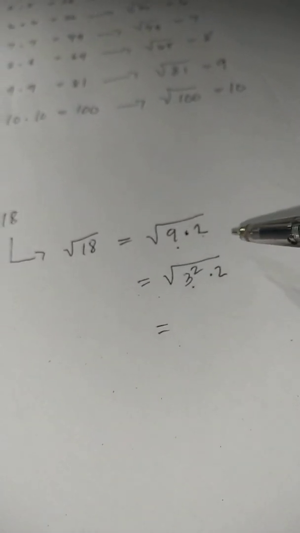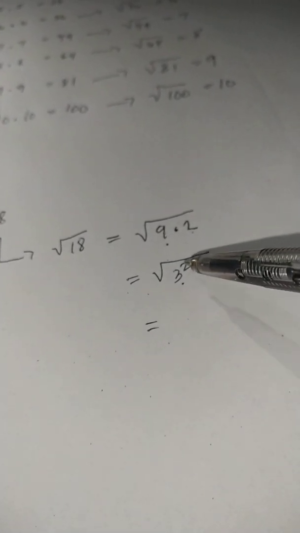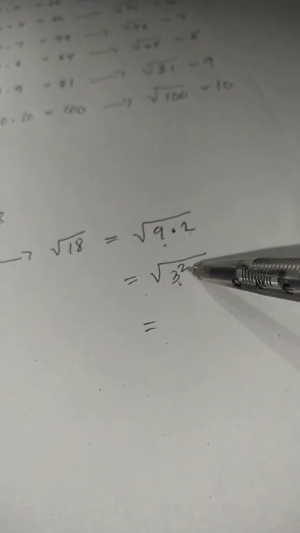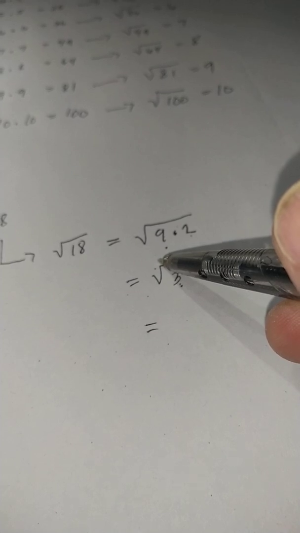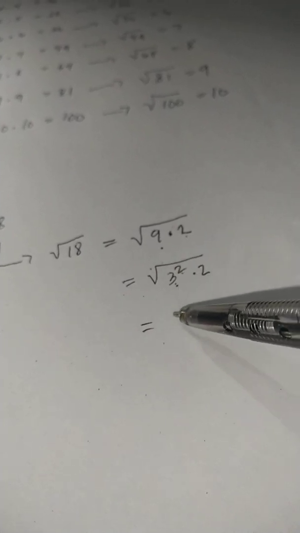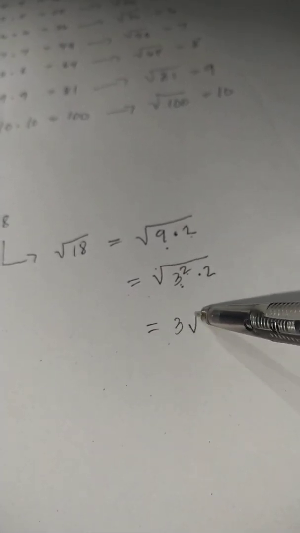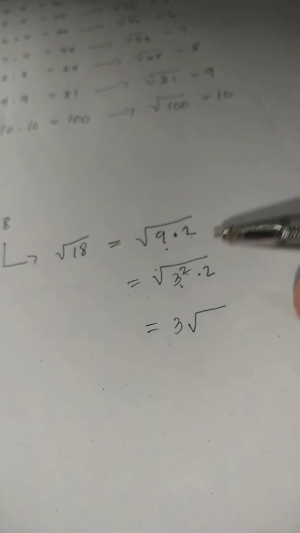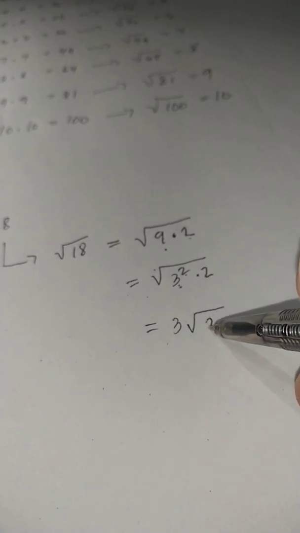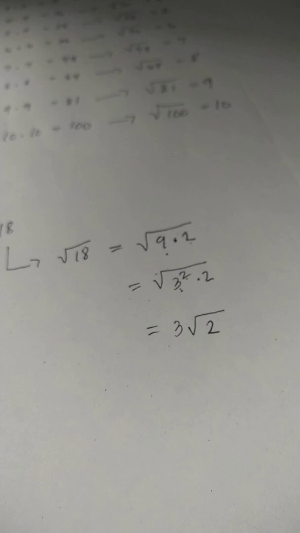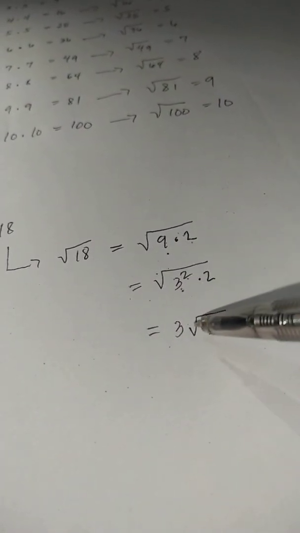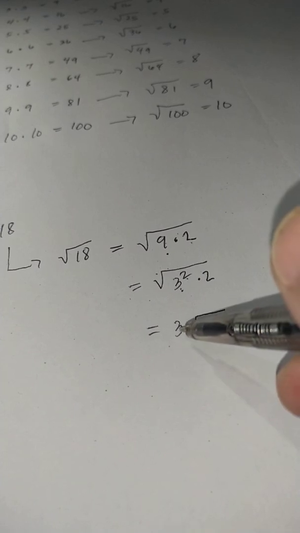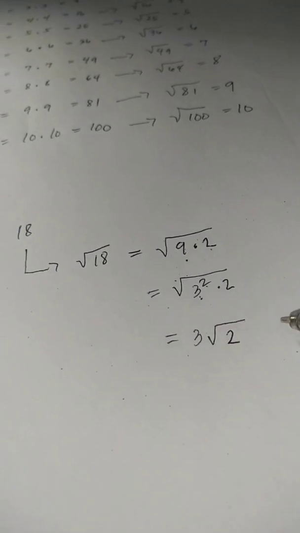Equals, since the exponent here is 2 and the index is 2, we can cancel it. And we can write 3 outside of the radical. Then our radicand is 2. And the final answer is 3 square root of 2.